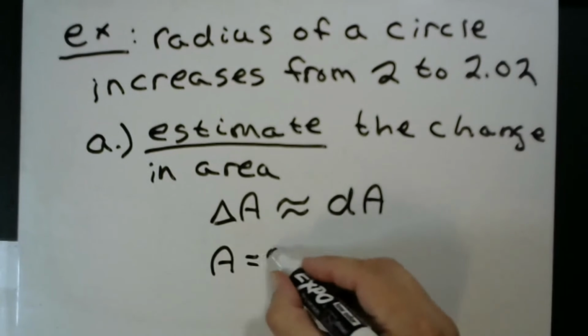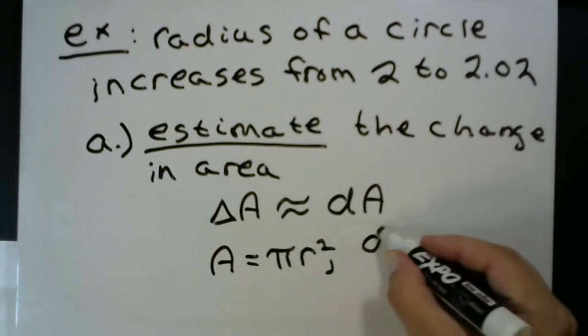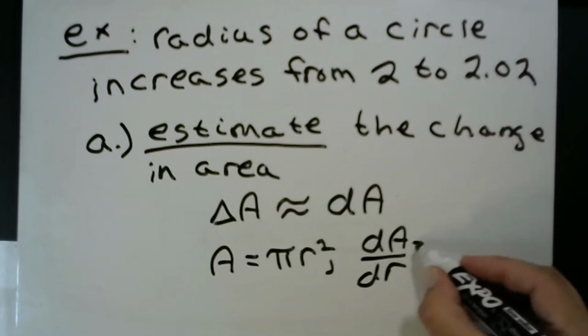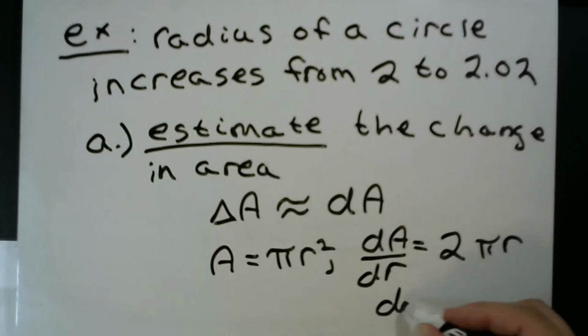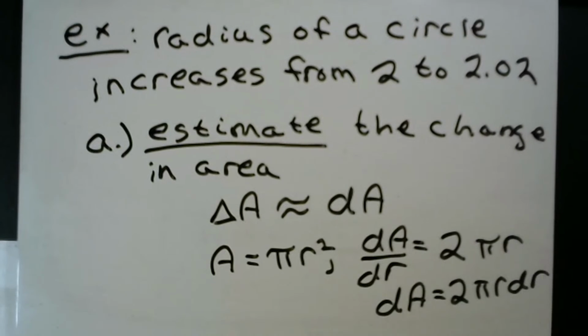So the area of a circle is pi r squared. dA dr is 2 pi r, or dA is 2 pi r dr. So this is what we're going to estimate delta A with.